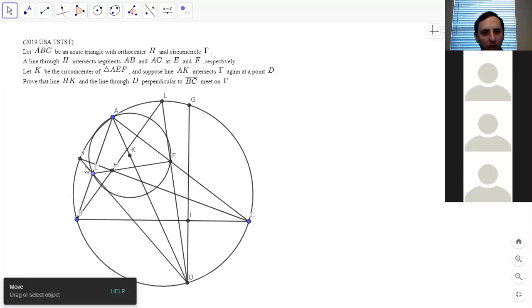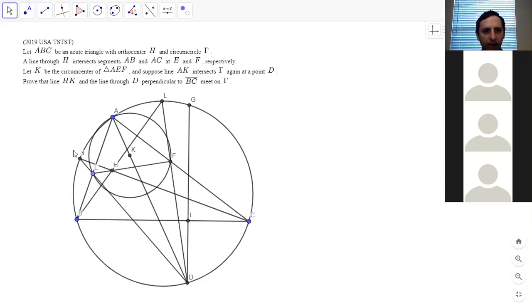Why? Because, let's say we let DE meet the circle at J and DF meet the circle at L. Oh, that just means BL and CJ have to meet on this line, but it doesn't tell you they have to meet at point H. So yeah, you're right. We'd still have to prove something.